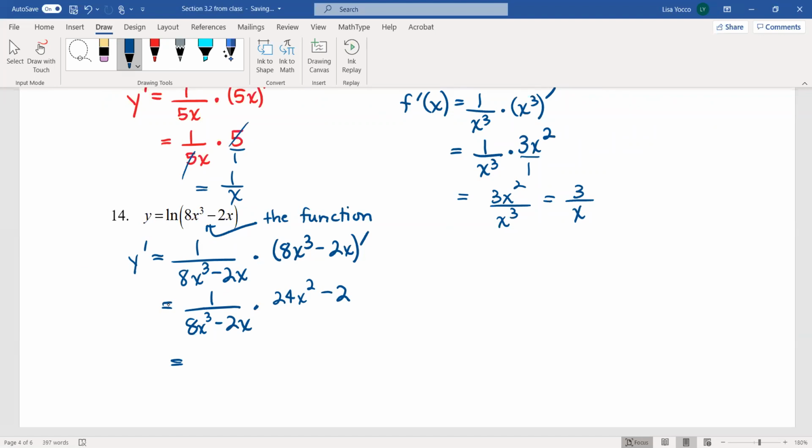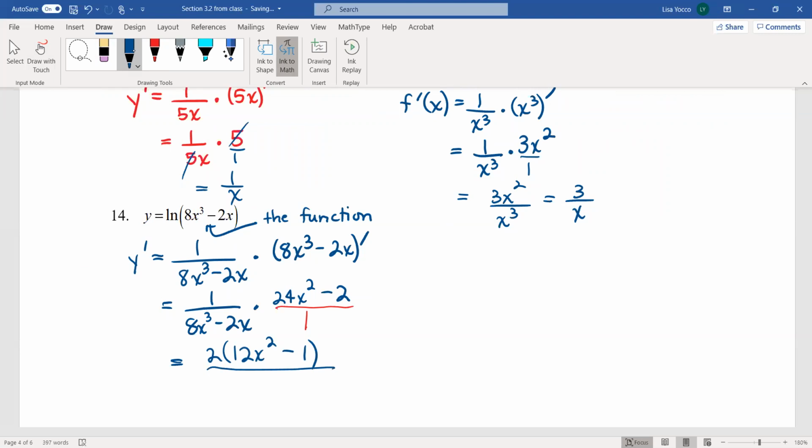All right, let's see. Again, I can think of that over 1 so that I can multiply the fractions together, but also not a lot of simplifying that I can do. But I could factor out a 2 from everything. All right, so 2 factored out of 24 would be 12x squared. 2 factored out of 2 is 1.